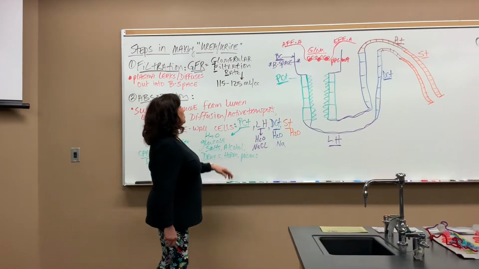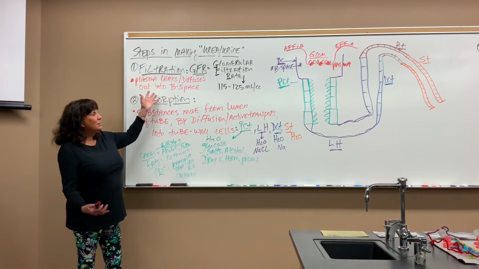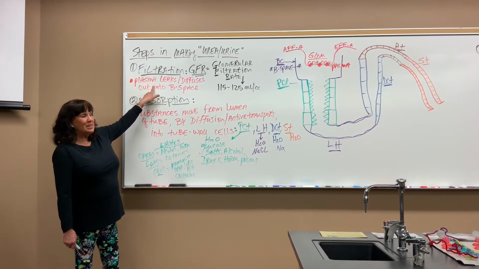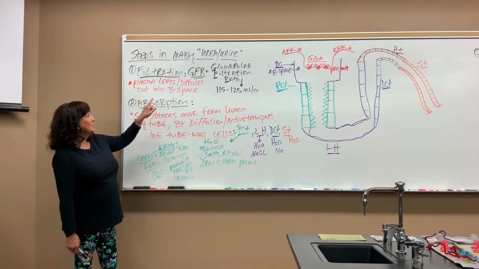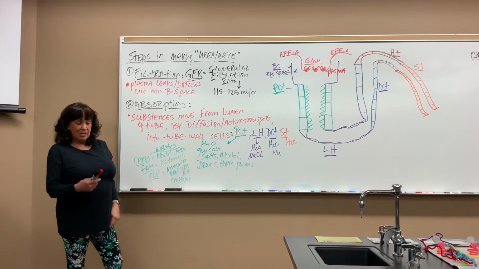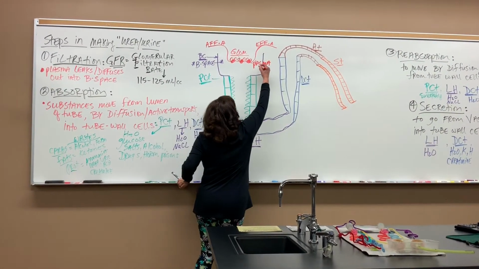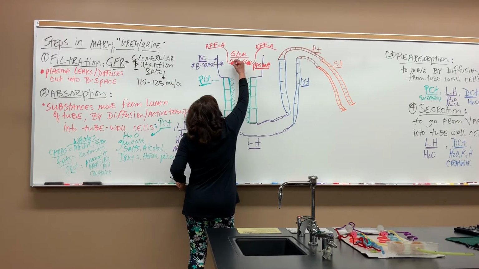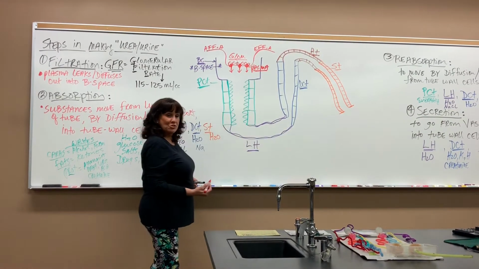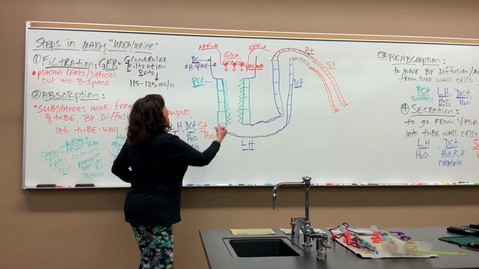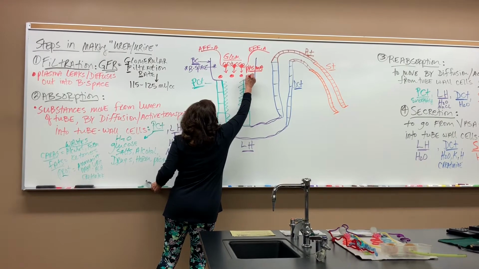So we're going to start with filtration. What does filtration mean? Very simple. The plasma leaks out or diffuses out of the glomerulus into Bowman's space. So here is step 1. Here is our plasma right here, and it's going to come out by simple diffusion, and here it is in Bowman's space, right there.